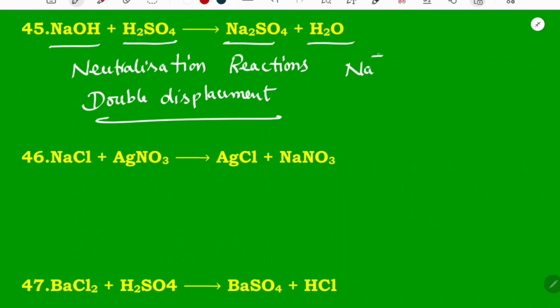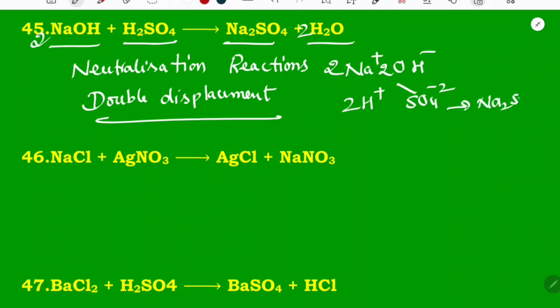Yes. Na+ OH-, then 2H+ SO4. So is the equation balanced? No. NaOH, yes, now it is balanced. 2, 4, 4 atoms of hydrogen, 2H2. So 2OH- and 2Na+ combine to form Na2SO4.